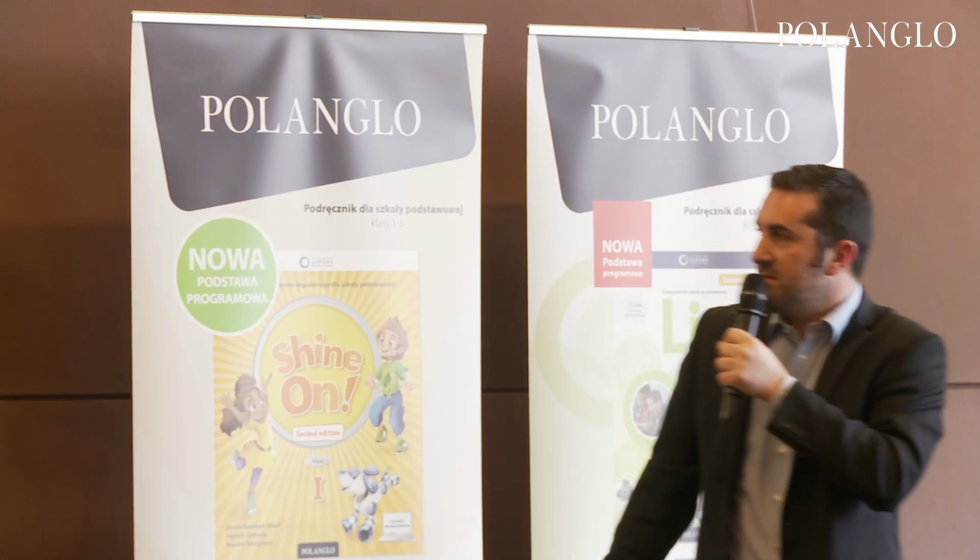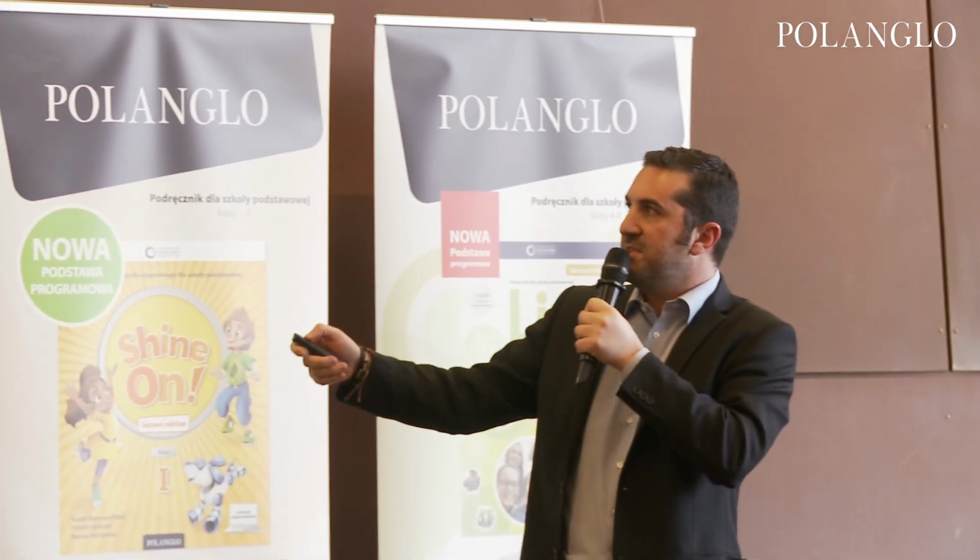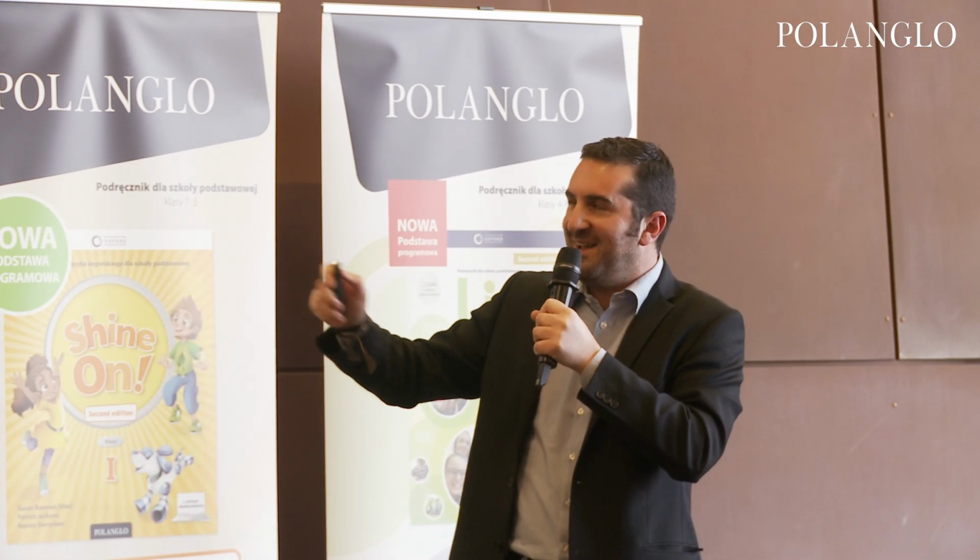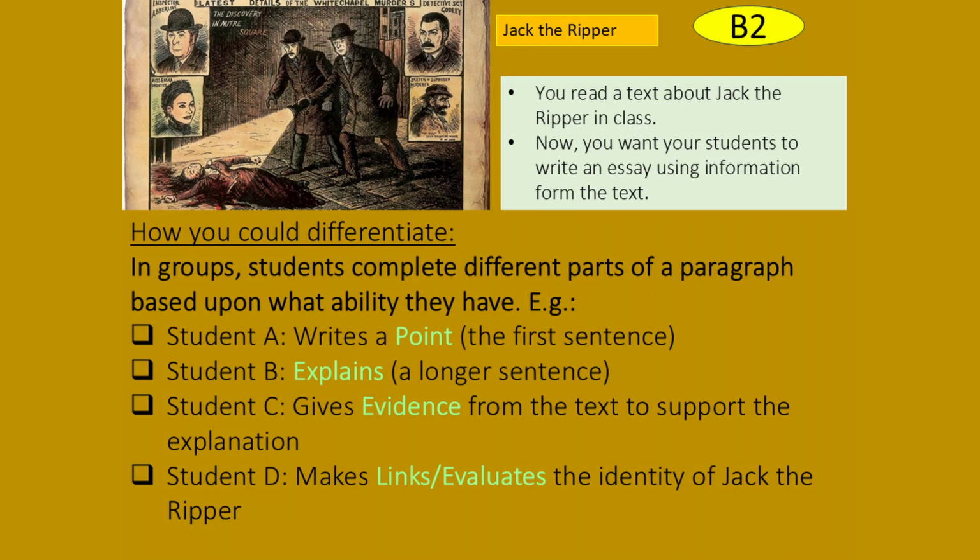And it looks something like this. The first student, which is my less able one, writes the point, the first sentence of the paragraph. Everyone writes down the same sentence, all 4 of them. But the first student, student A, has to decide what the sentence will be. But they all write down the same thing.